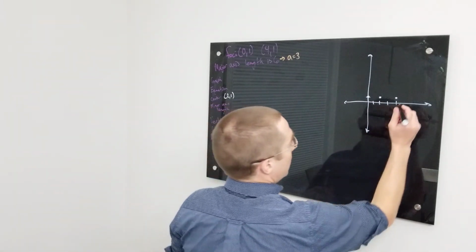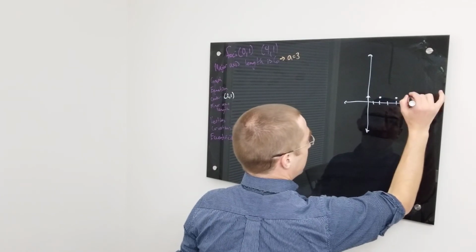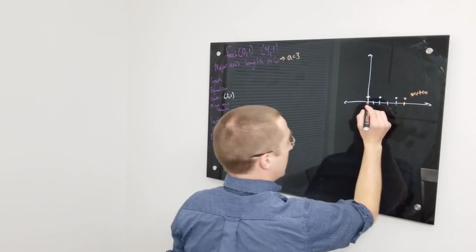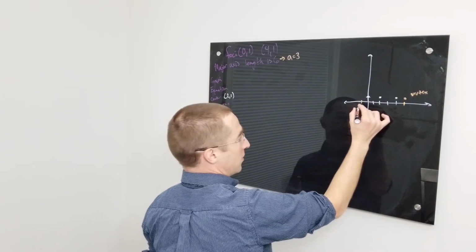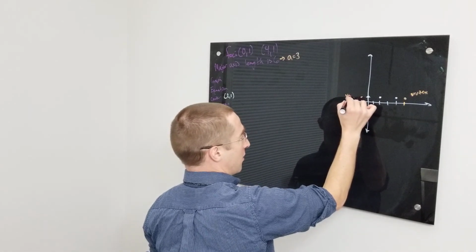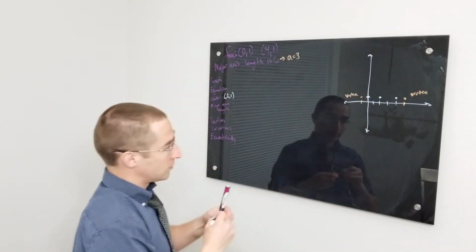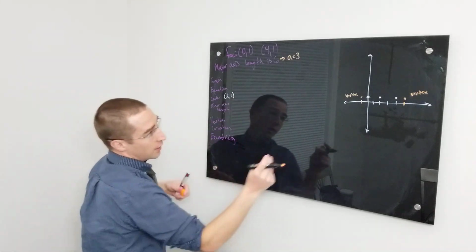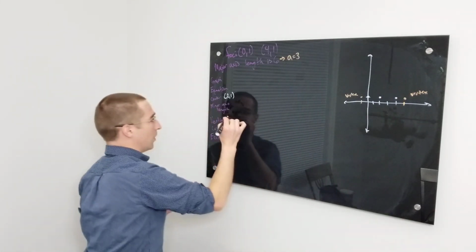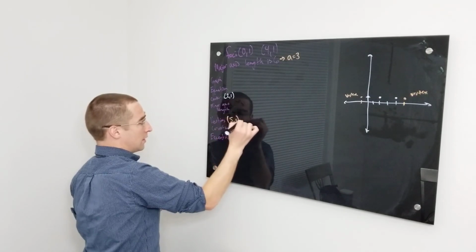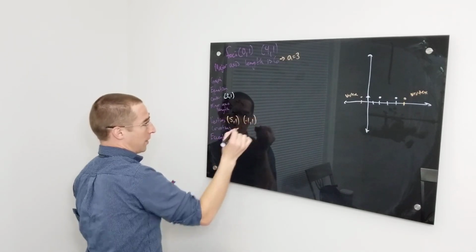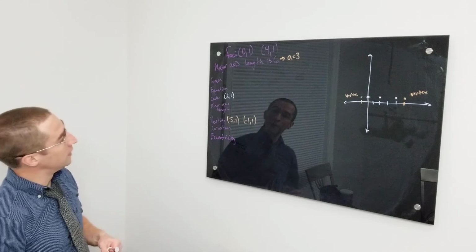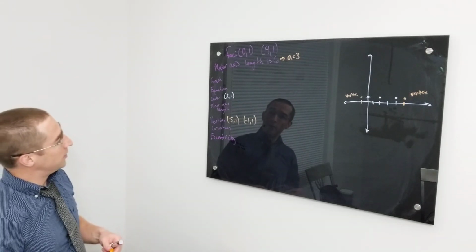I'm going to go 3 to the right to get a vertex and 3 to the left to get another vertex. So my vertices are at (5, 1) and at (-1, 1). Cool.